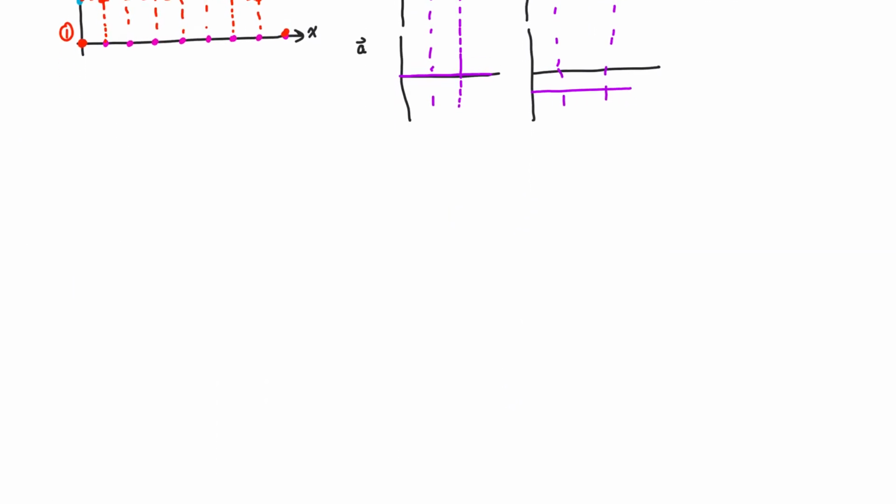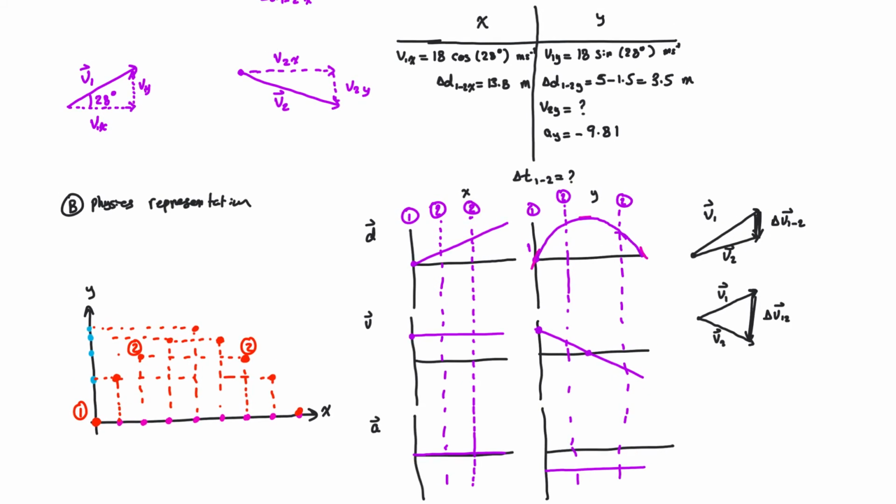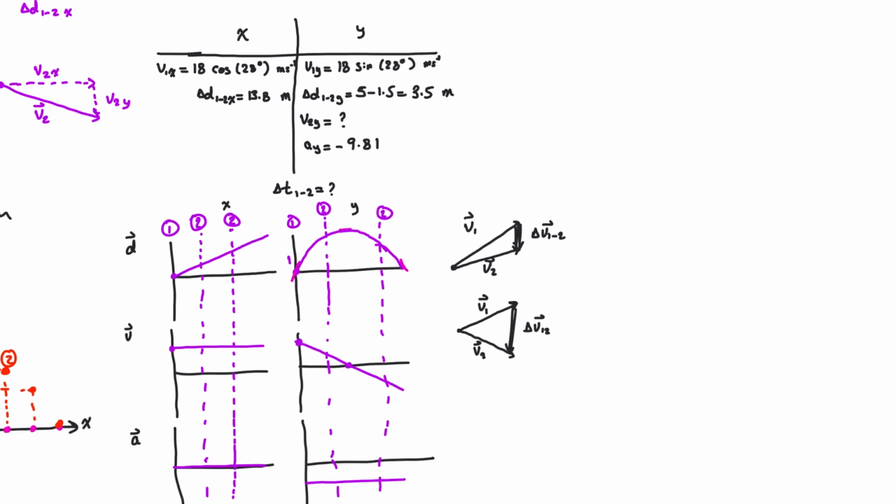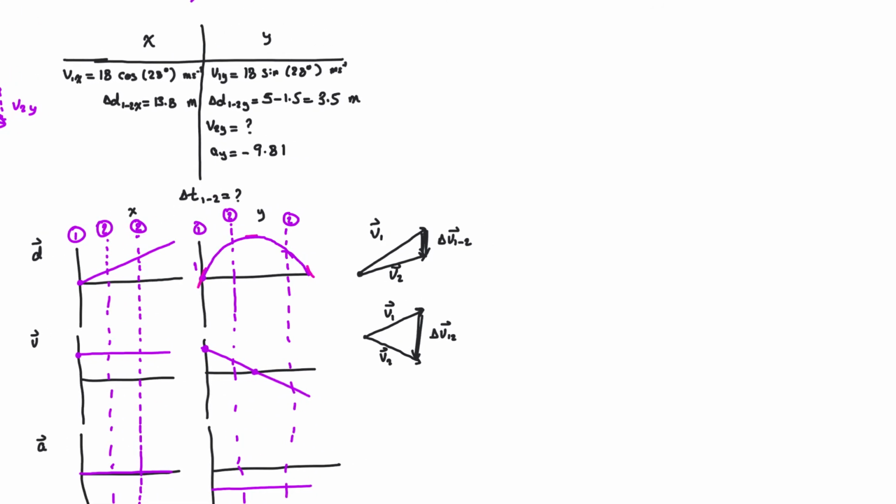Let's do the math representation, and I need my table again. So maybe I'll just do part D beside my table. It's a little bit easier. So part D is the math representation. Okay, now what information do I have in the y direction and x direction?